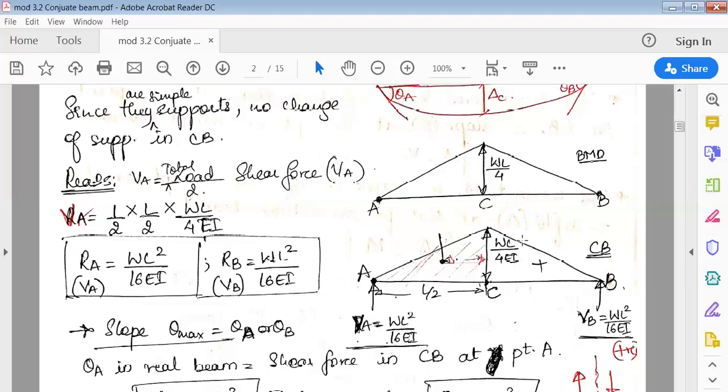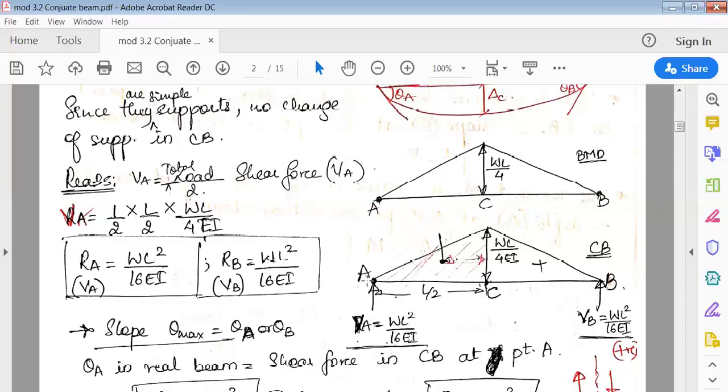So now this WL by 4 with this area should be calculated. Now if you want to find VA, it is the total load acting into half of this distance. Okay, now see here. So only this triangular load, if you take, it is half, only this load.